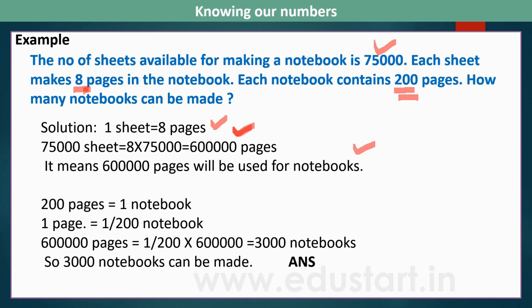Now 200 pages is equal to 1 notebook. So 1 page is equal to 1 by 200 notebook, and 6 lakh pages is equal to 1 by 200 into 6 lakhs. So it means that it is 3000 notebooks. So basically this is nothing but 75,000 into 8 divided by 200. So 3000 notebooks can be made. I think this is clear.